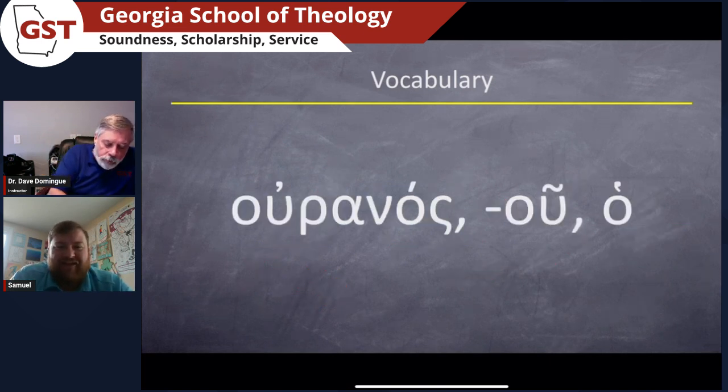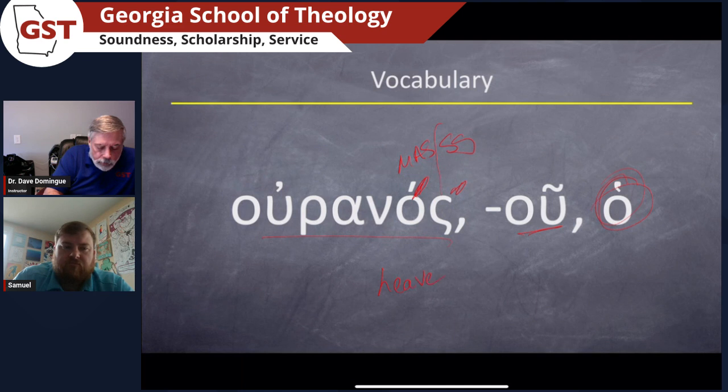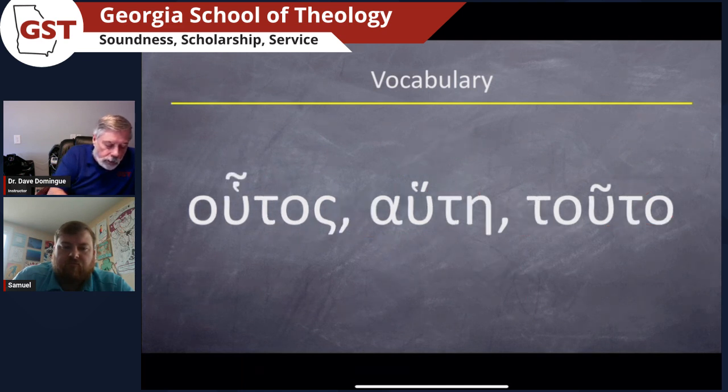Okay. Ouranos, again, we see our masculine singular. There's our second declension connecting vowel. There's our genitive. There's our article. And this is going to be heaven or sky. Houtos, haute, touto.